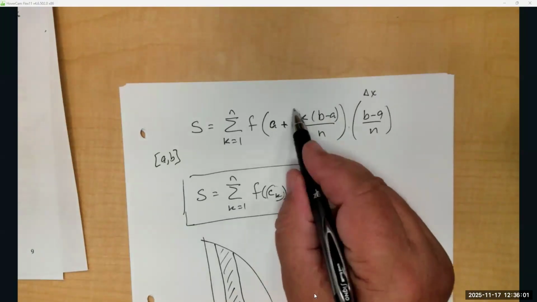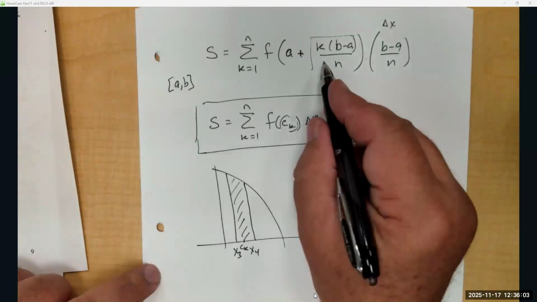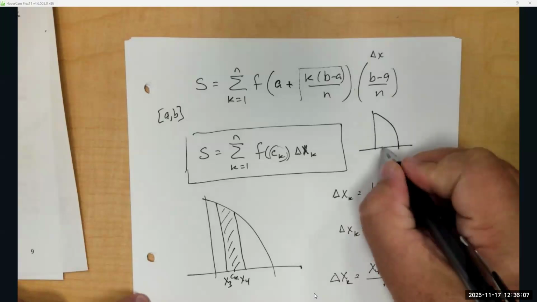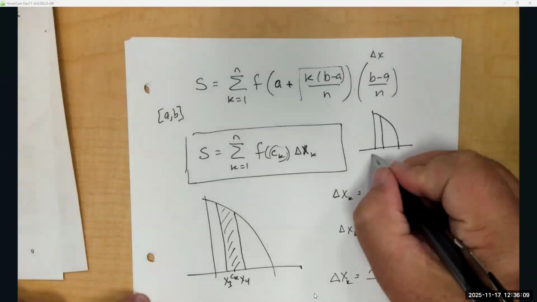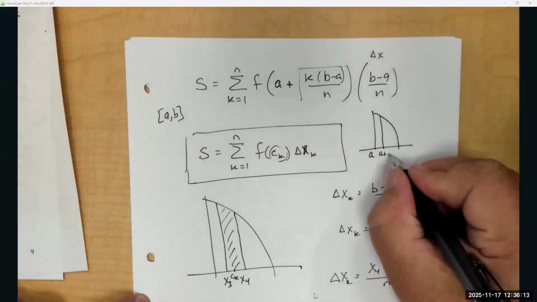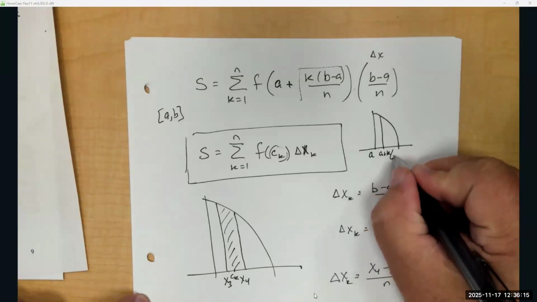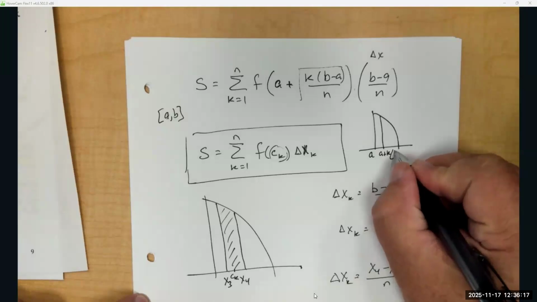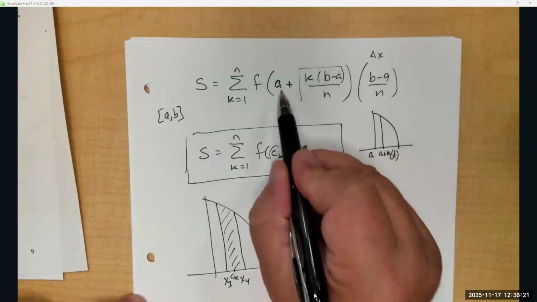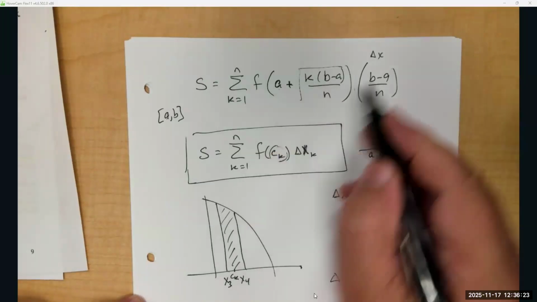What this one's saying is, in my interval, a is here, a plus k times 1 over n is here. So this one starts and goes to the right-hand side.